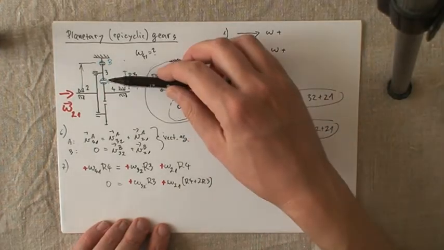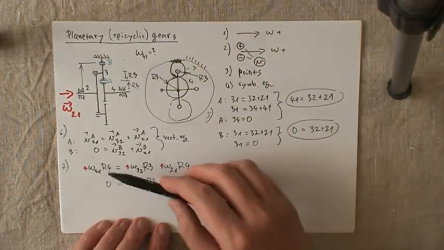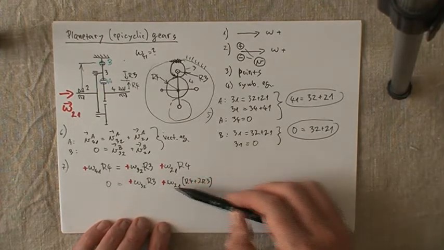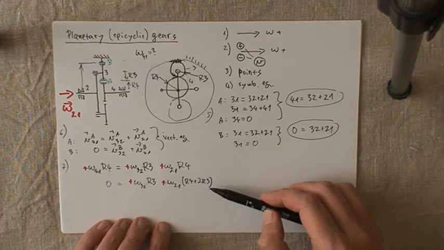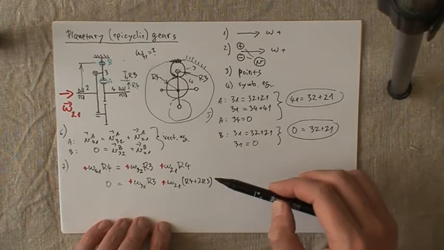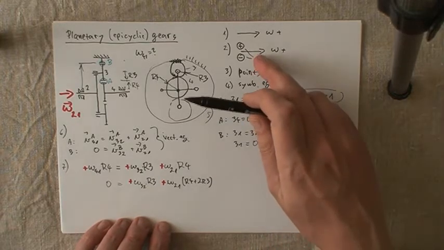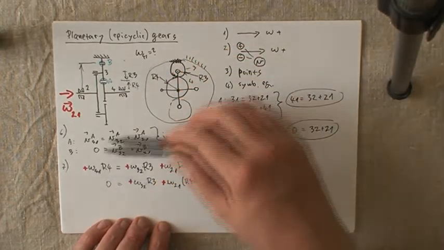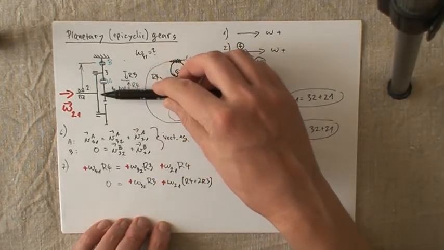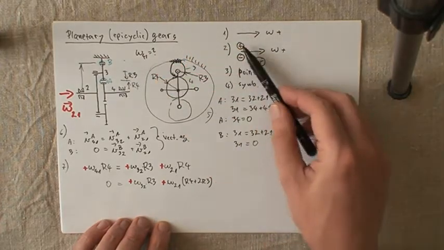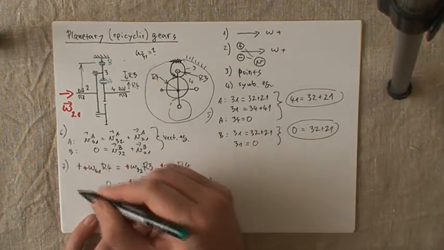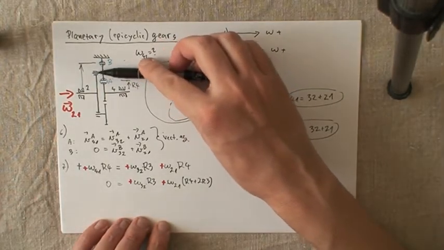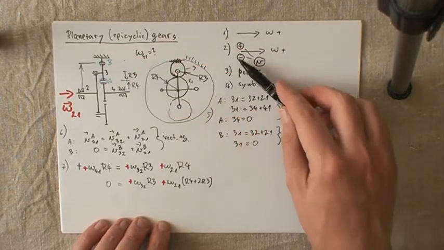We will take a look whether the point that we are investigating, A in this example, and B for the second equation, is above or below the axis. 4,1 is here. Point A is above the axis, positive, plus. 3,2 is here, point A is below, negative.